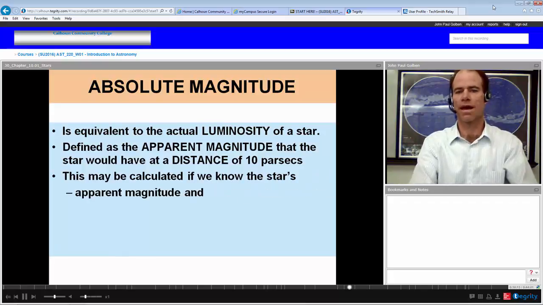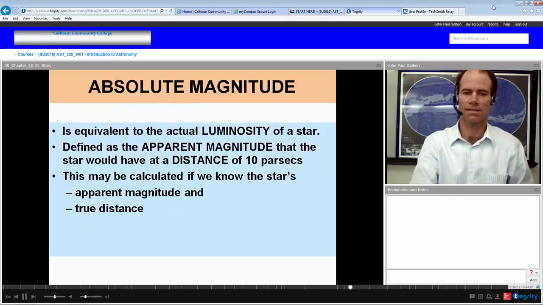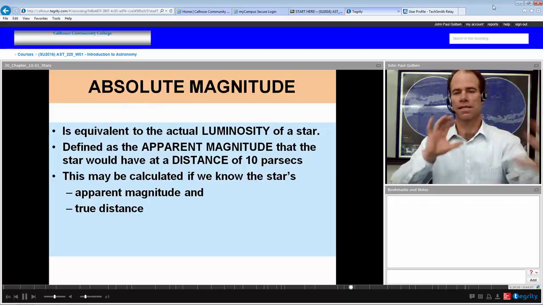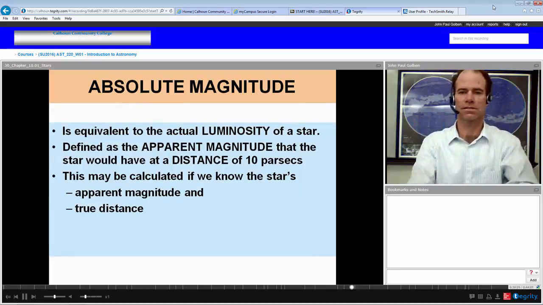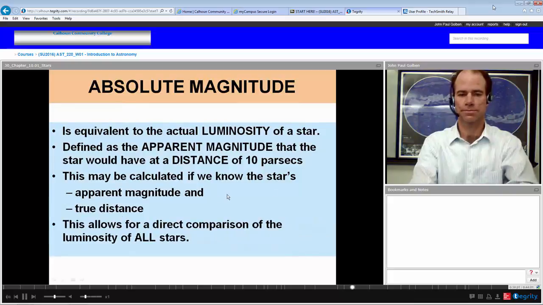This can be calculated if we know the star's apparent magnitude as we see it, and its actual true distance from us, and then we can recalculate to see how bright it would be if it were put at this absolute distance of 10 parsecs away. So this allows for a direct comparison of the luminosity of all stars on the same scale, an absolute scale. And this is what we want to use if we want to compare stars to each other.